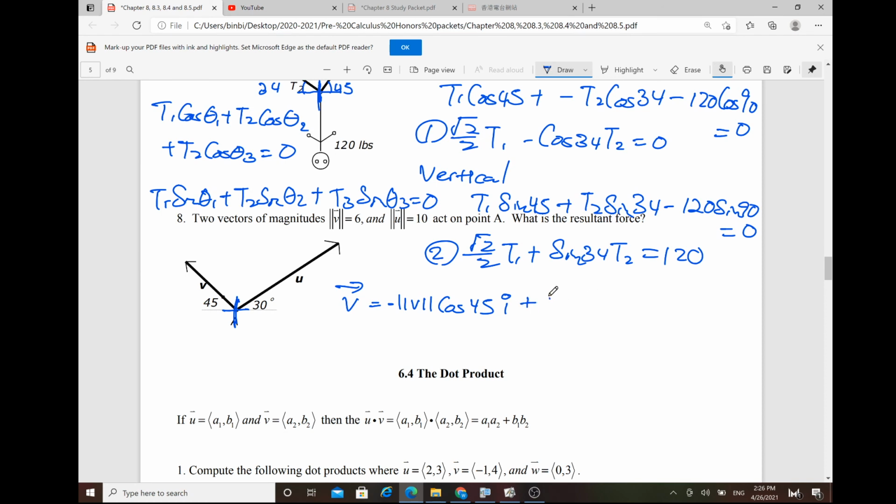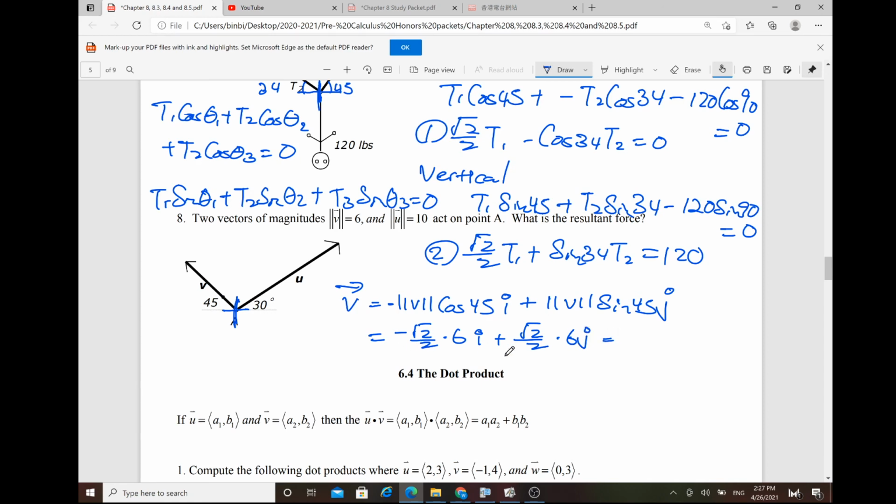And then plus the norm of v, once again, sine of 45, because that's facing up, j, again the indicator for the vertical component. So we can simplify a little bit more: negative root 2 over 2 times 6, i. And then norm of v, 6 once again, sine of 45, root 2 over 2, times 6, j.